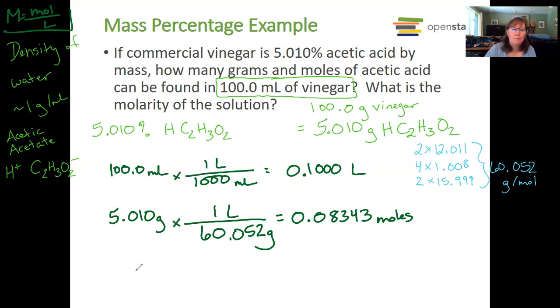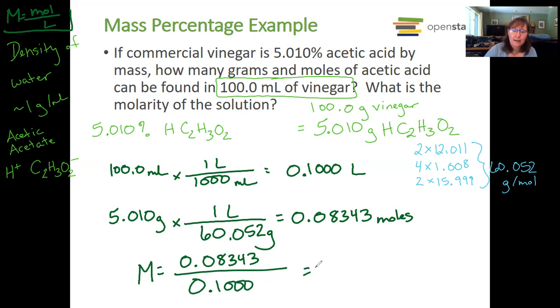Now I can finally finish this problem and say that my molarity is equal to my number of moles, 0.08343 moles, divided by my volume in liters, 0.100 liters.